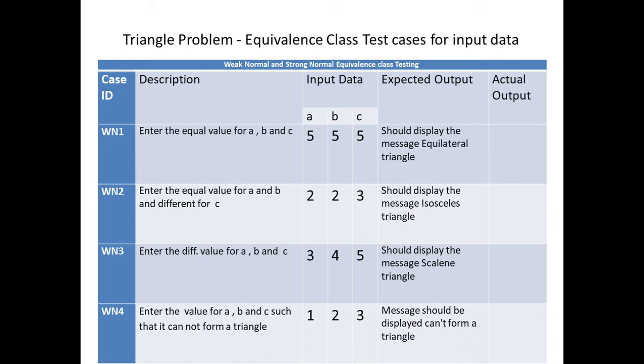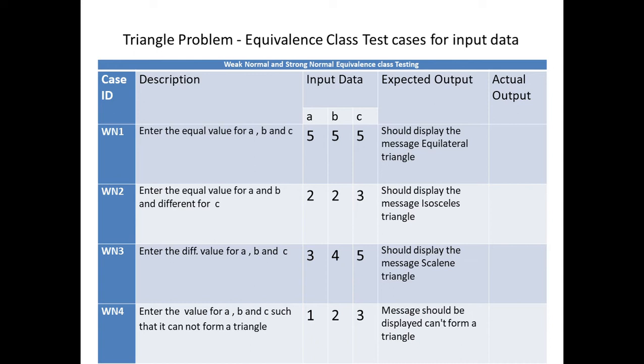We consider it as one class and write the test cases. Since there is no division, in weak normal you take a few elements from one of the classes and write test cases for those values. In strong normal, you take the Cartesian product of the elements of all the classes.